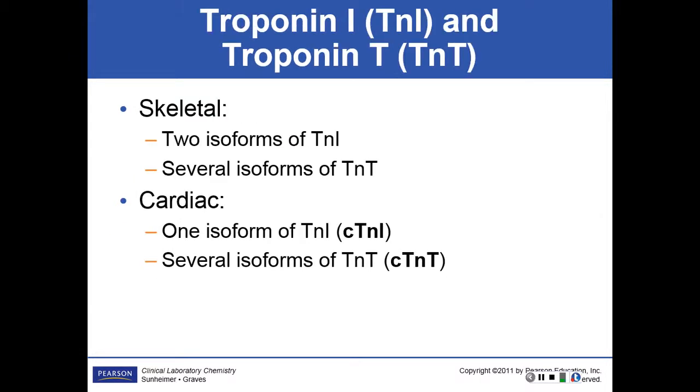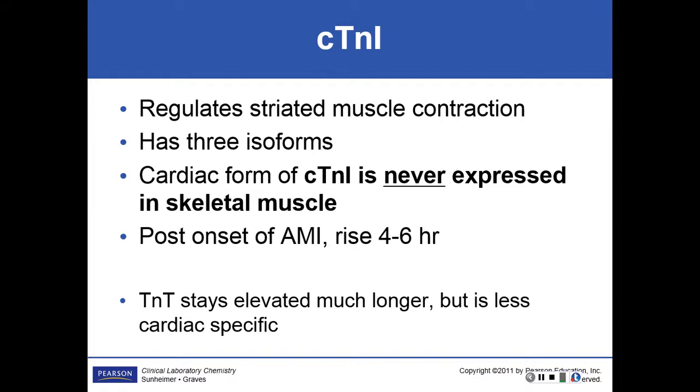In the skeletal tissue, isoforms of troponin I and troponin T are formed. In the cardiac tissue, we have specifically one isoform of troponin I and a few of troponin T. We want to look into troponin I. It is considered to regulate the striated muscle contractions of the heart.